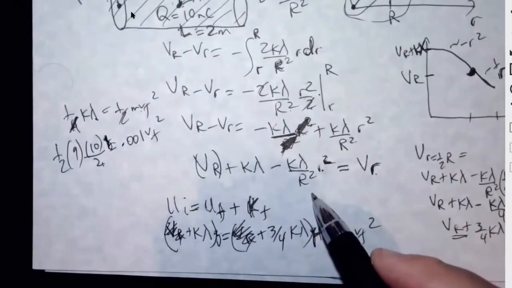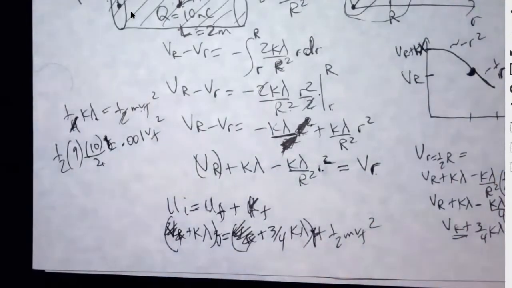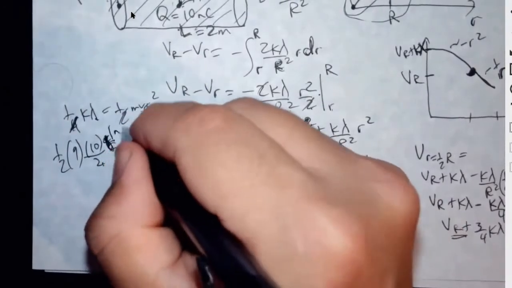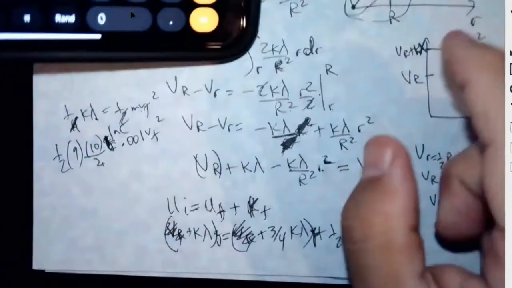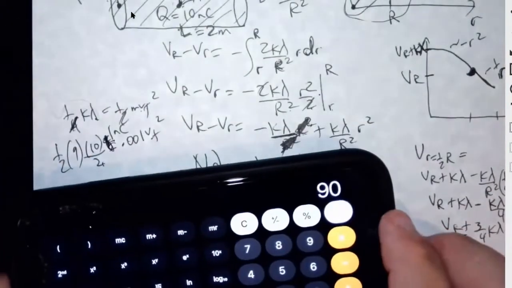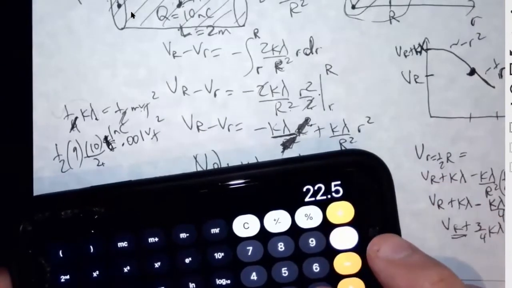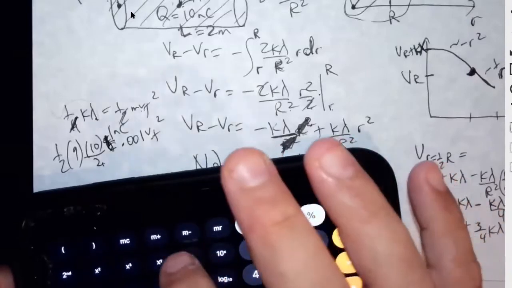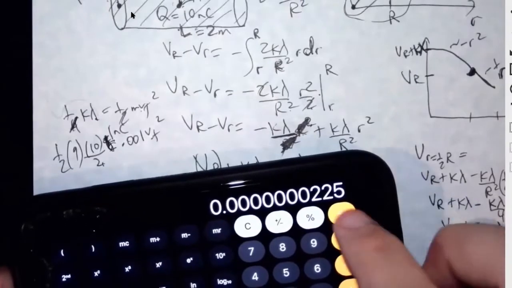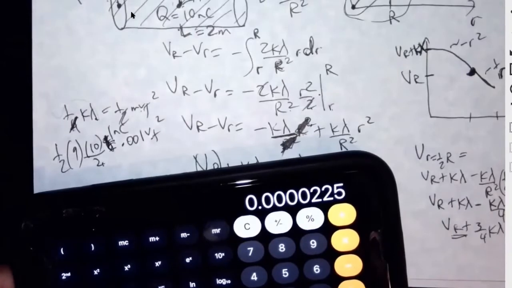So if I'm going to do an energy problem, then I have to multiply these by the charge of that test charge. Okay, so Q, that's 1 nano. Okay, so then it's going to be 90 divided by 4, times 10 to the power negative 9, divided by 0.001, and square root.